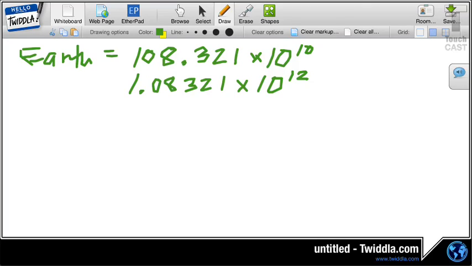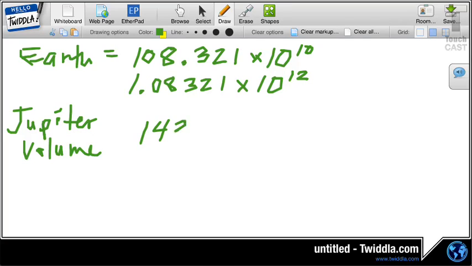The volume of Jupiter was listed as 143,128 times 10 to the 10th, which we know we shouldn't leave that way.